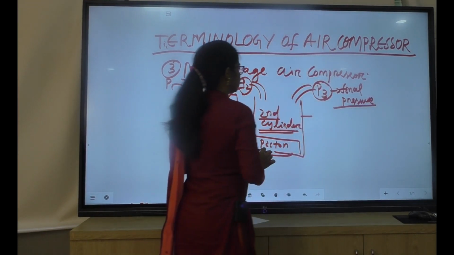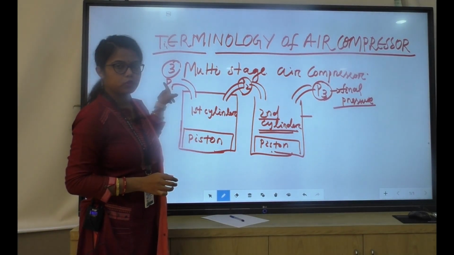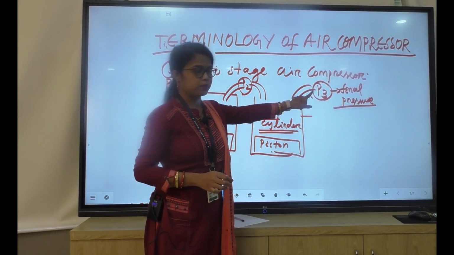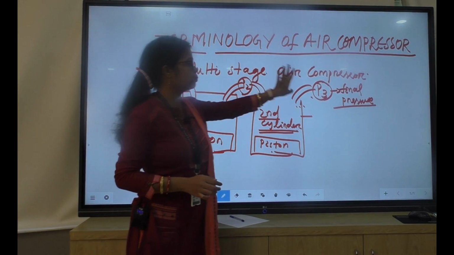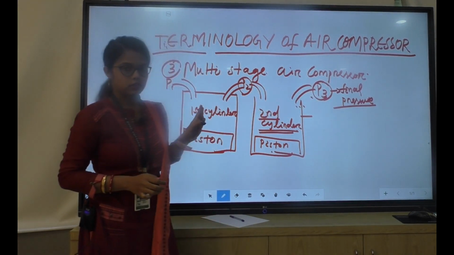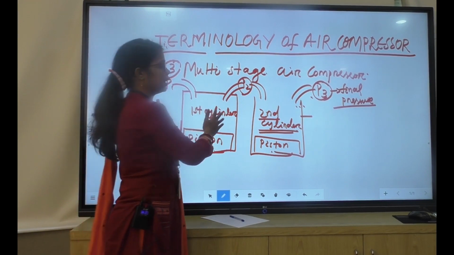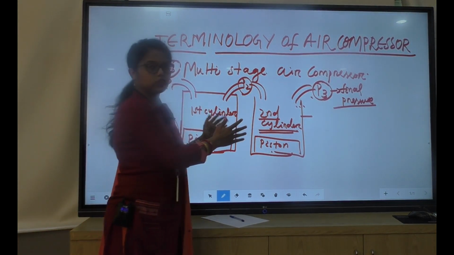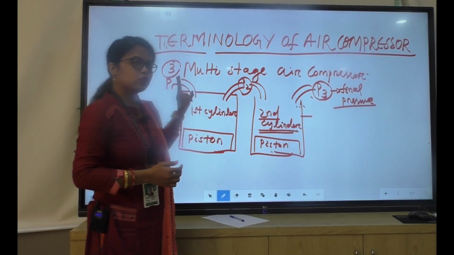That means here our inlet pressure is P1, that is atmospheric pressure, and the final pressure is P3, that is our desired pressure. But we are not converting P1 to P3 in one stage. We are doing it by stages. Here I am telling you about a two stage air compressor. Two stage means we are utilizing two cylinders.